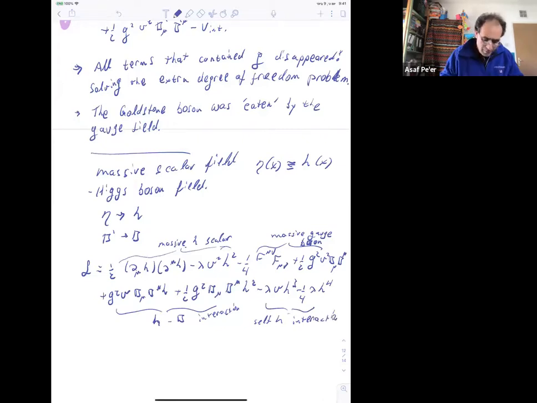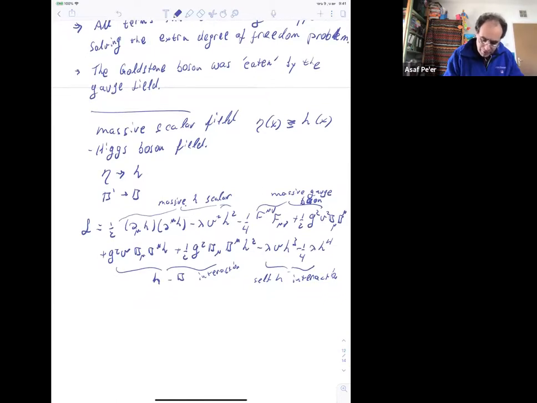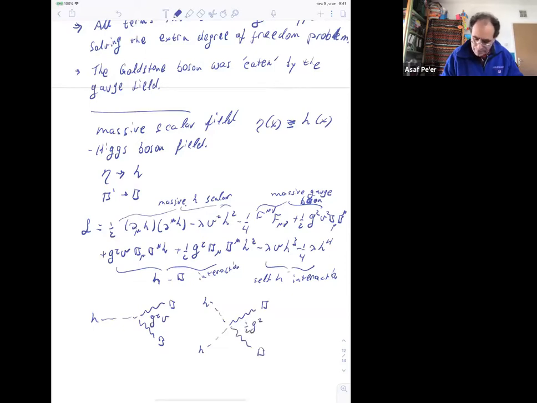Right, so the H with the B, we have a term which looks like H B mu. It would look like that: H B V is coupling of G squared V, and the second one is H squared BB, H B B, 1/2 G squared.